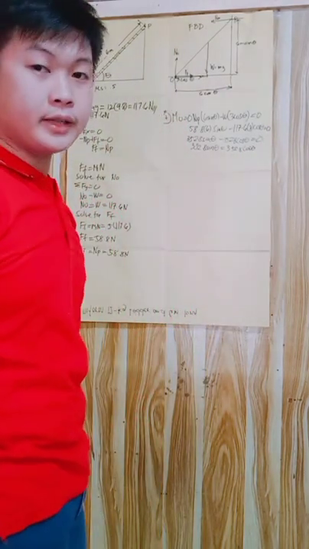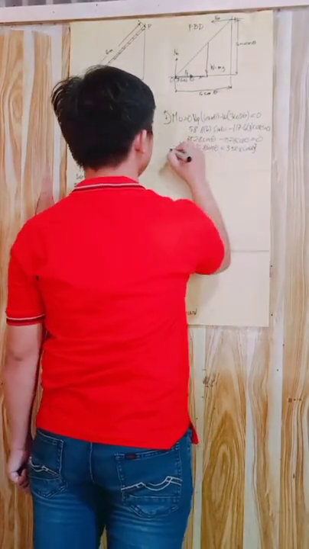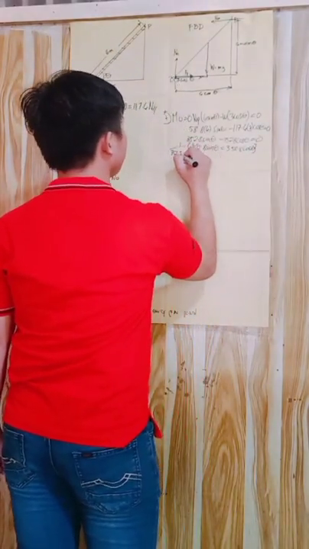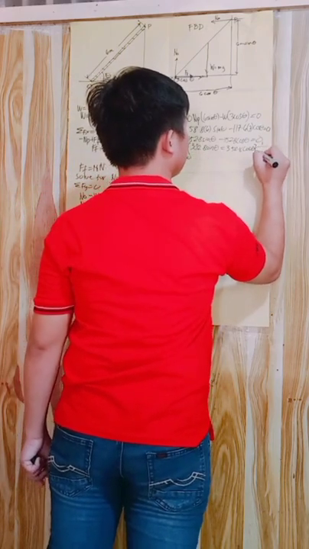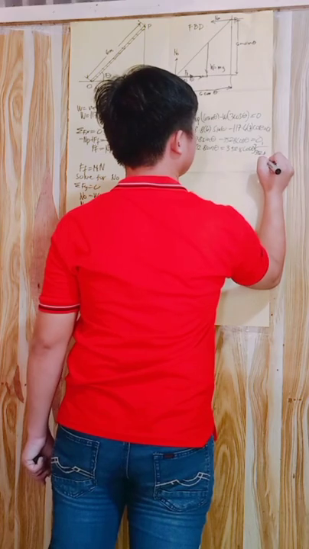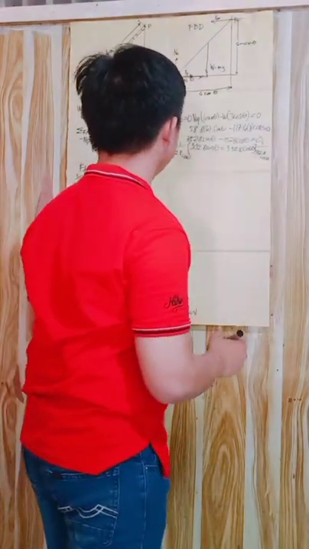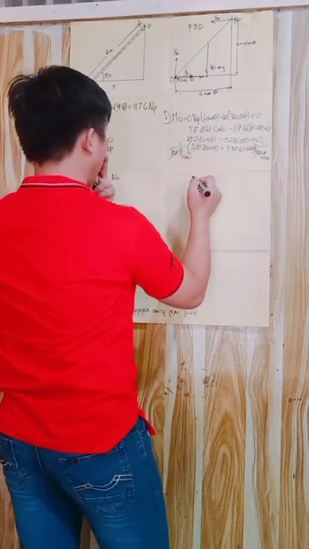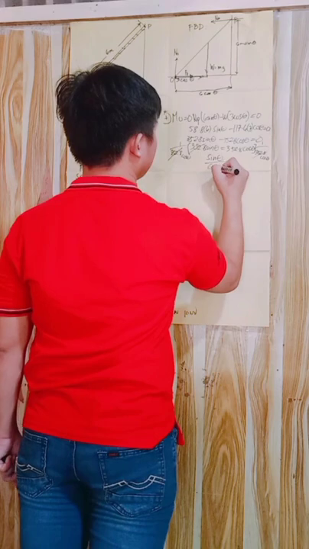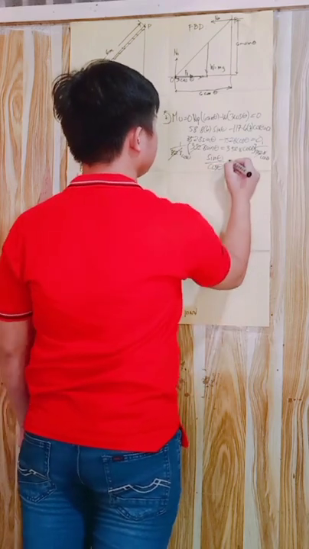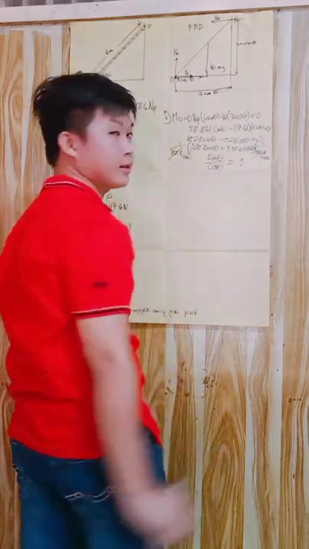To solve for theta, we multiply both sides by 1 over 352.8 cosine theta so that we can cancel this. We cancel this and also this. So what will be remaining is sine theta over cosine theta equals 1.